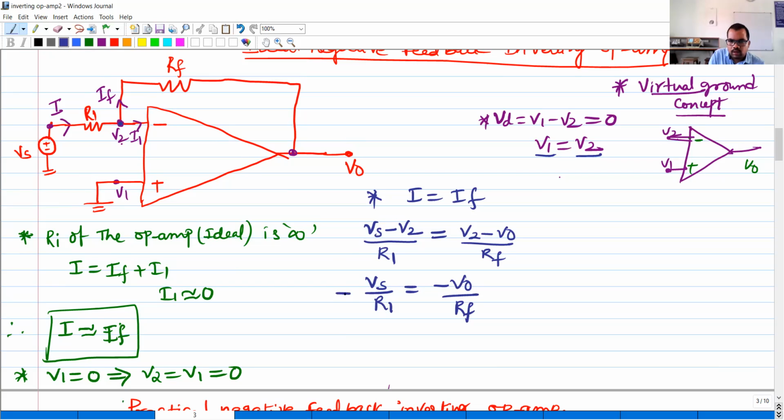Okay. Here we are getting V naught by RF is equal to minus Vs by R1.